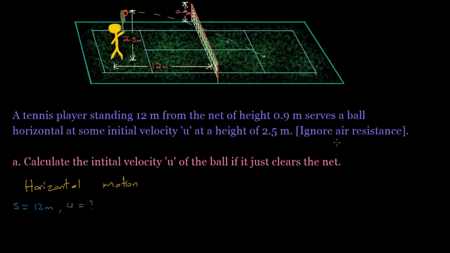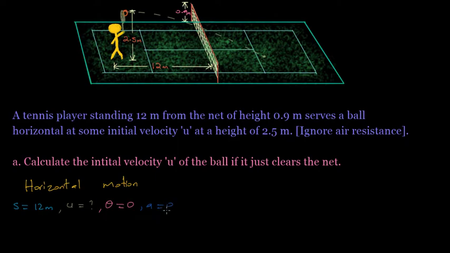Since the object was launched horizontally, the angle with respect to the horizontal is going to be 0. And because the motion is taking place horizontally, our acceleration is going to be 0.